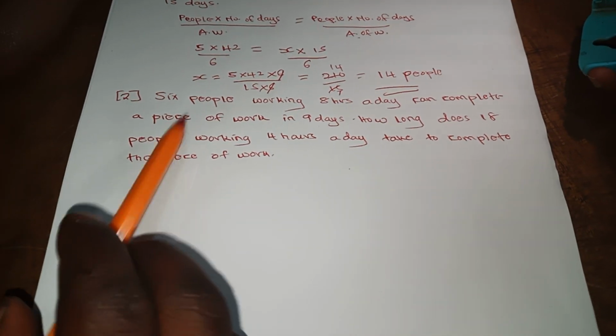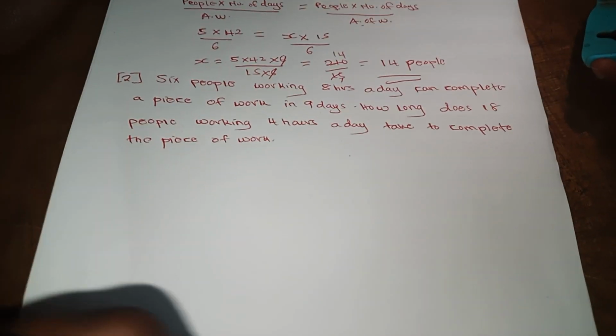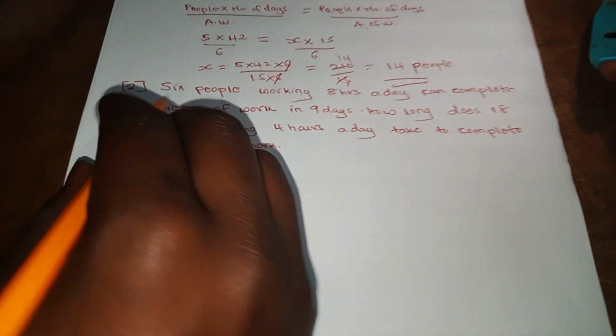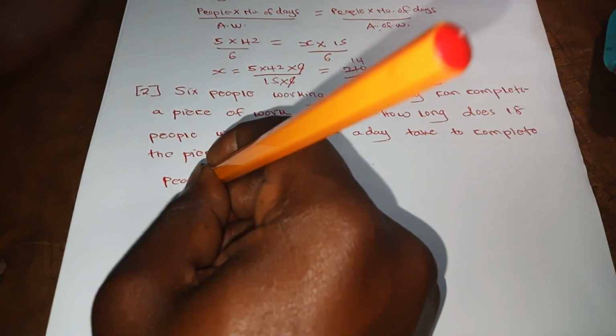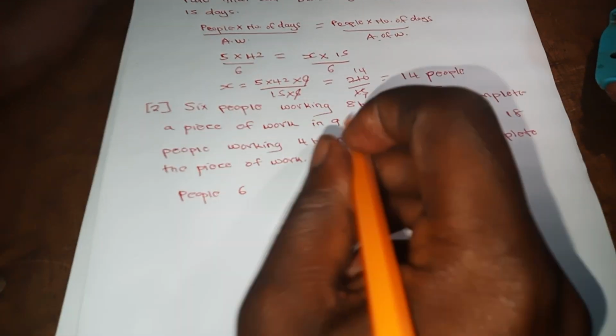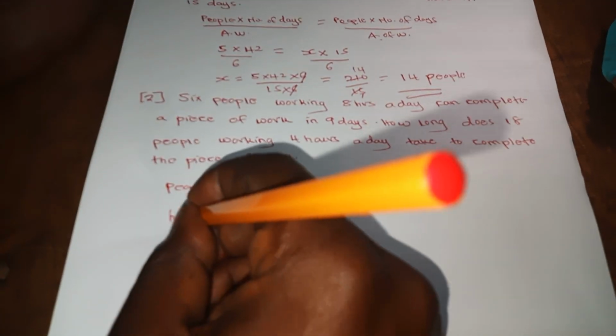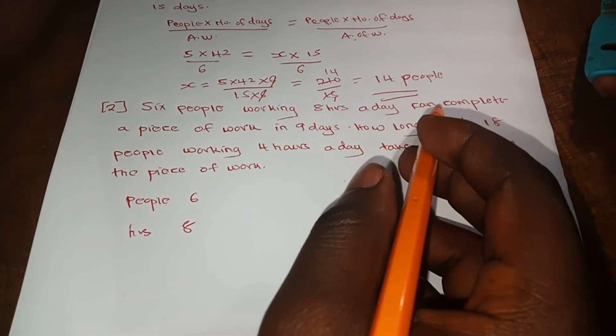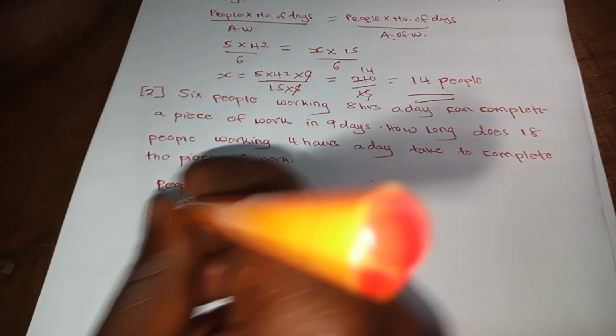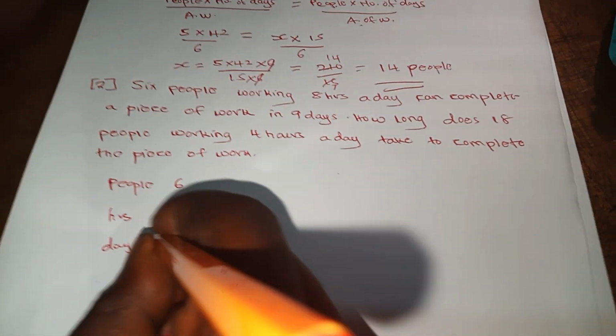When you are solving a question that's not talking about amount of work, you just arrange your data. It's talking about people. So we are going to have people here. The first one is 6, and then hours. We have 8, and then it's a day, can complete a piece of work in days. So we have days, it's 9.